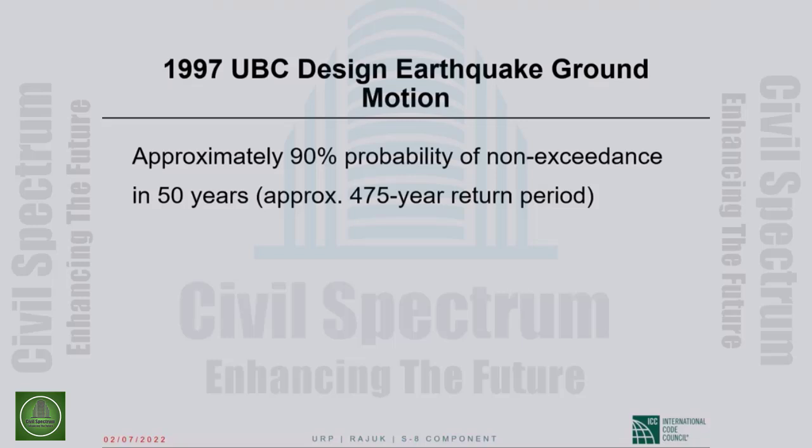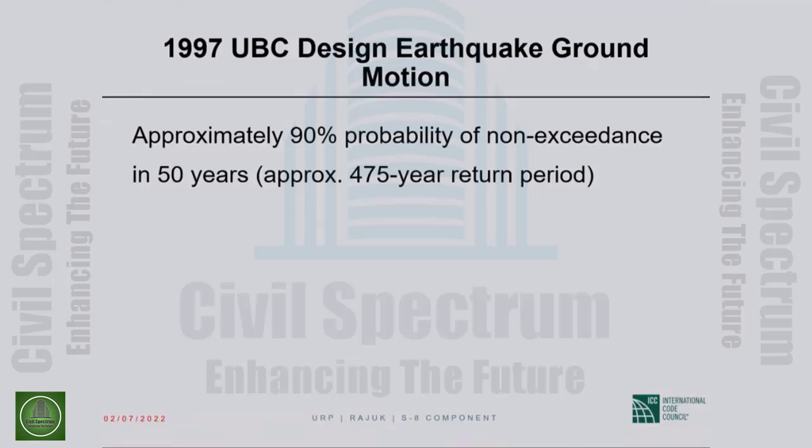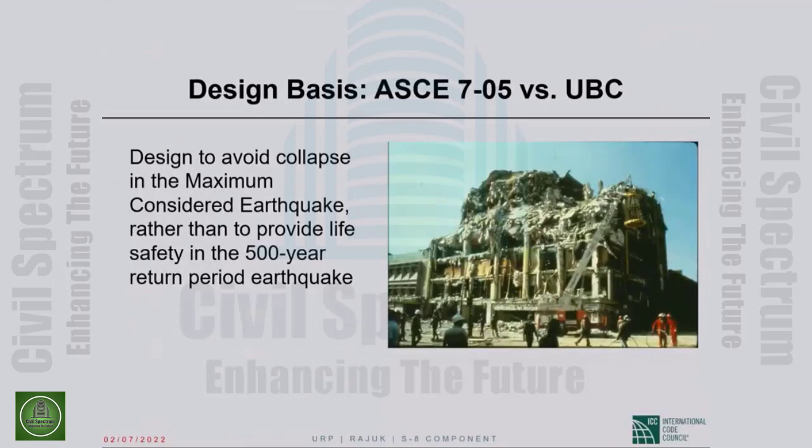So the 475-year return period ground motion was the design ground motion of the UBC, and we did our seismic design to ensure life safety in that earthquake. Okay. Like, to ensure life safety in the 475-year return period earthquake.